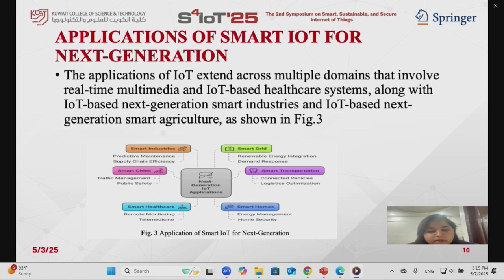Smart transportation is also an application. In smart transportation, connected vehicles, how they connect with each other, and logistics optimization are used. Then the next slide shows the challenges and implementation.